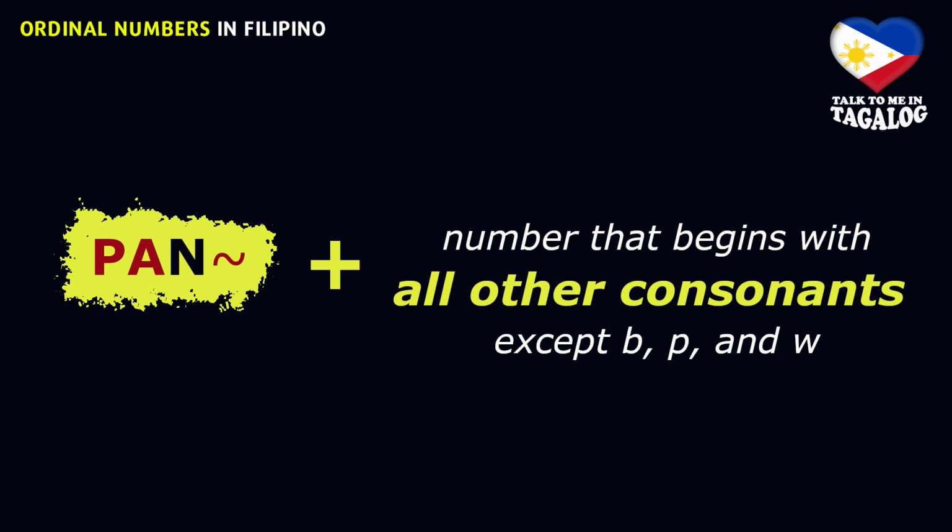Pan is used with all other consonants that are not B, P, or W. It's up to you if you want to memorize these rules because honestly, we don't mind if you use pang, pam, or pan interchangeably because we'll still get what you mean.